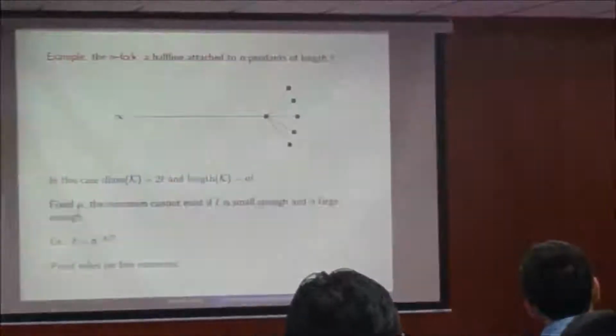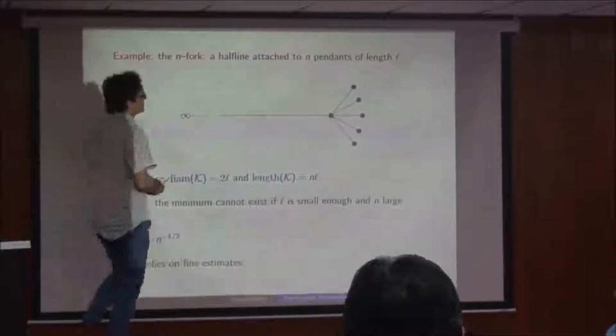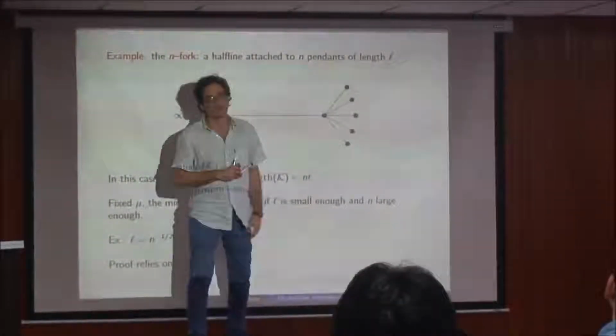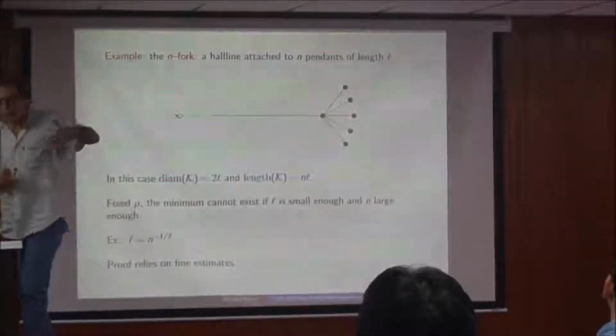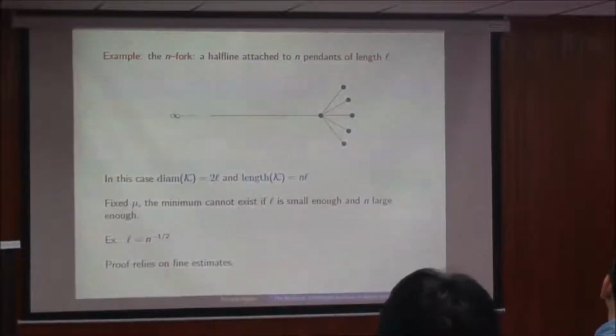Now the simplest example we thought of was this one here, the N4. Remember that for the 3-4 topological construction, you find that you always have a ground state. But if the number of pendants increases, the situation can change.